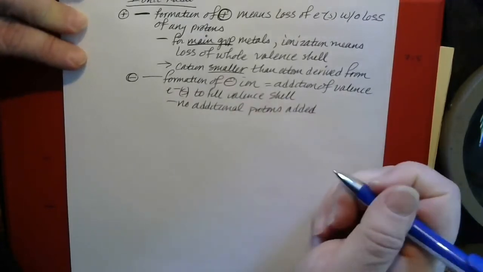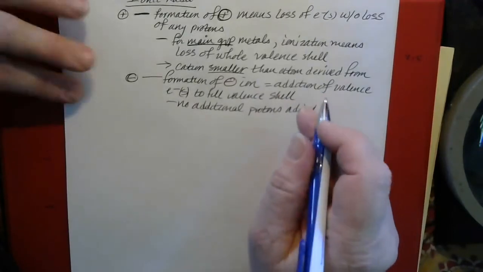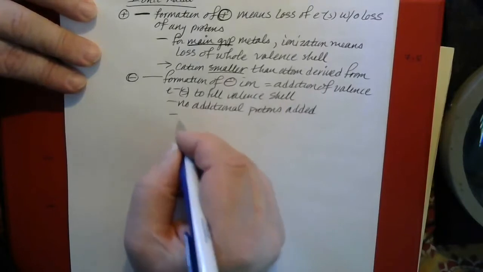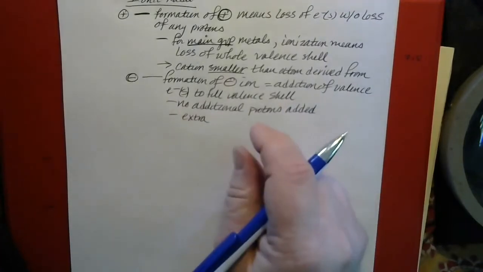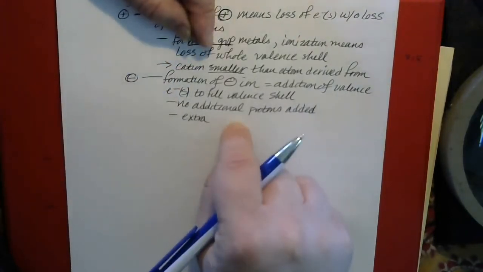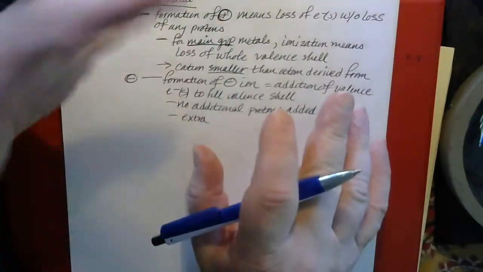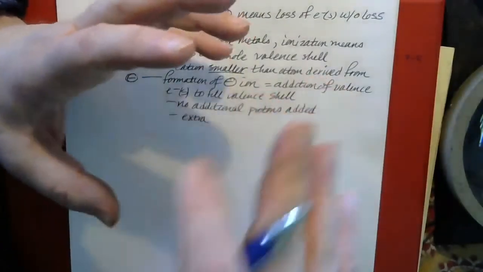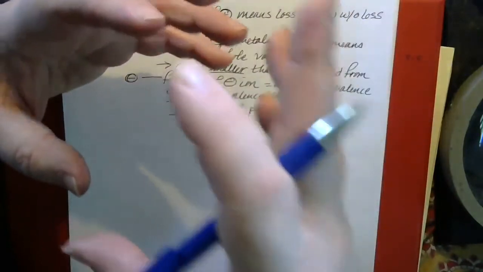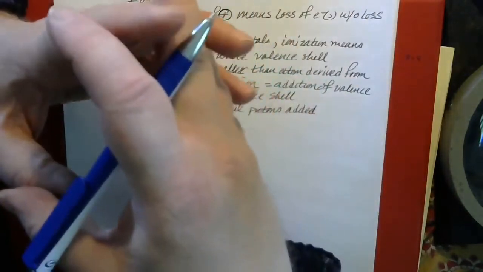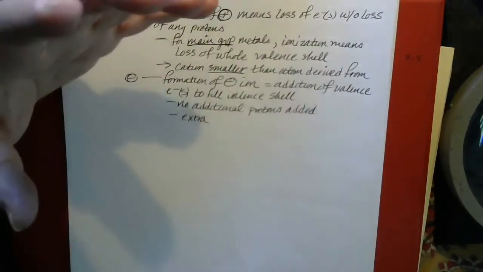Again, the number of protons doesn't change. Now you might think that with extra electrons in the valence shell, the charge in the nucleus didn't go up, but the charge in the valence shell did. So you think they'll be more strongly attracted to whatever charge still remains in the nucleus, and so the atom should get smaller. But actually, it ends up getting bigger.